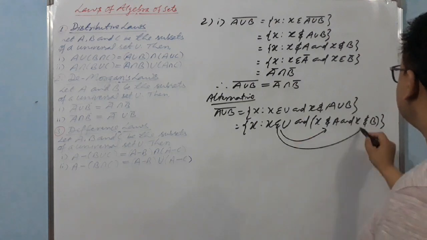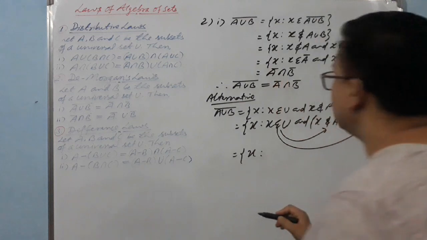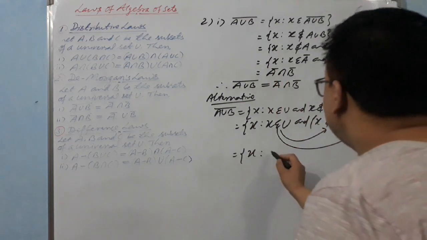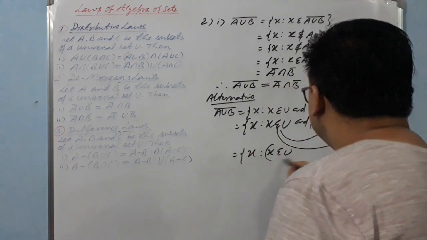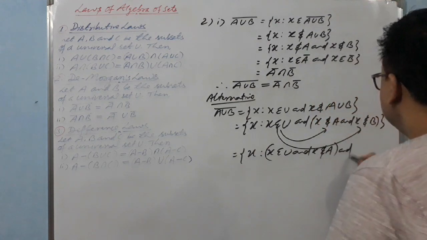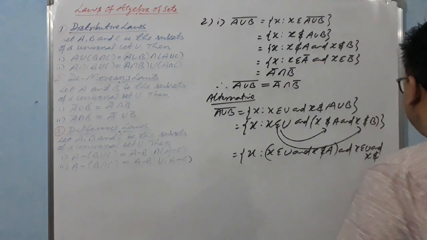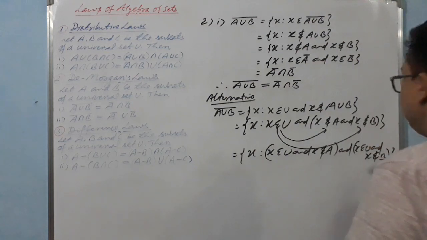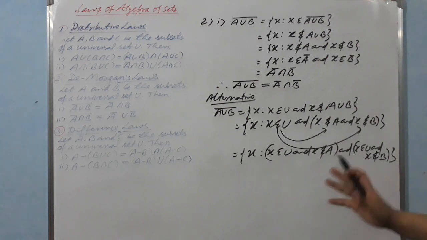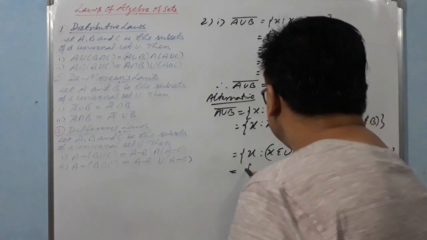This is also true in the case of sets: X belongs to U and X does not belong to A, and X belongs to U and X does not belong to B. So easy, not so difficult, no panic, it's very easy.